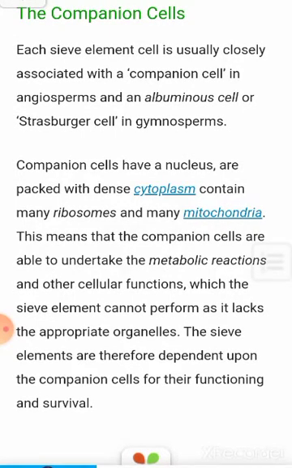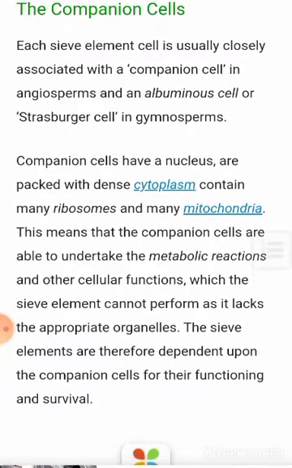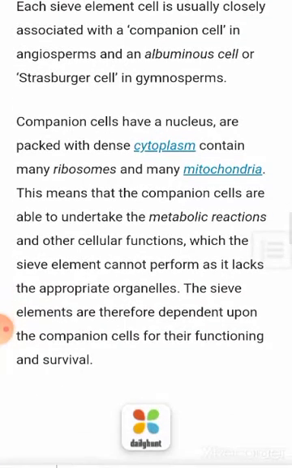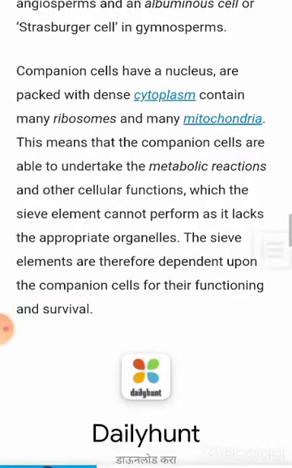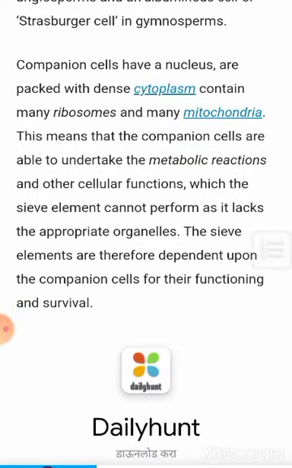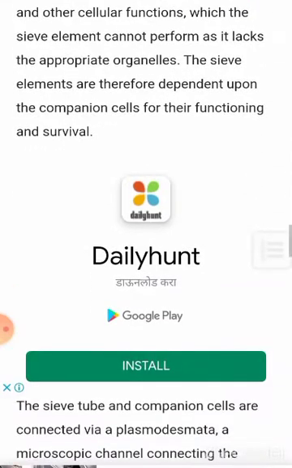This means that the companion cells are able to undertake the metabolic reactions and other cellular functions which the sieve elements cannot perform as they lack the appropriate organelles. The sieve elements are therefore dependent upon the companion cells for their functioning and survival.